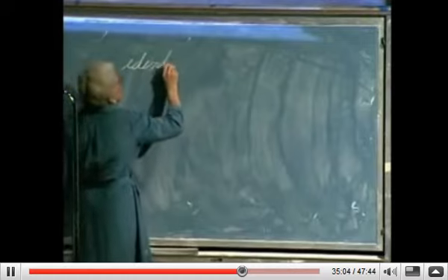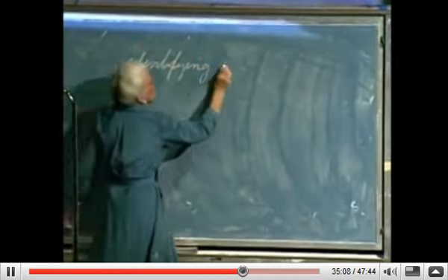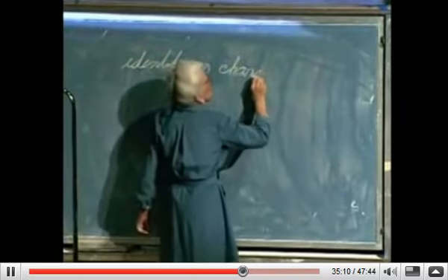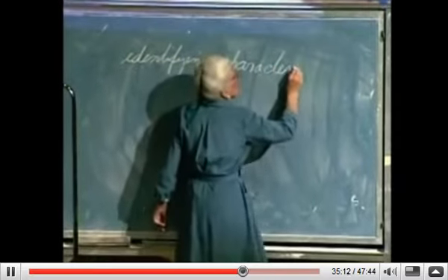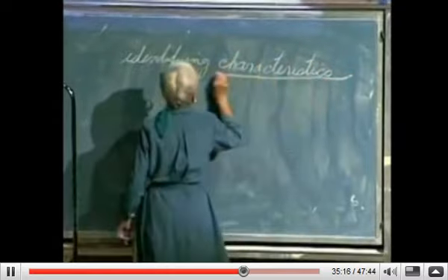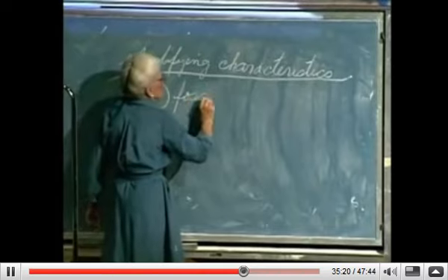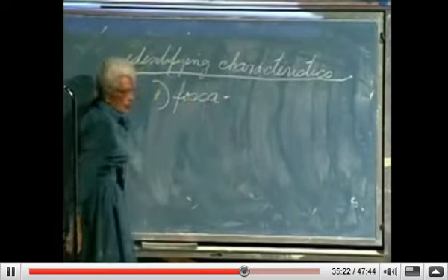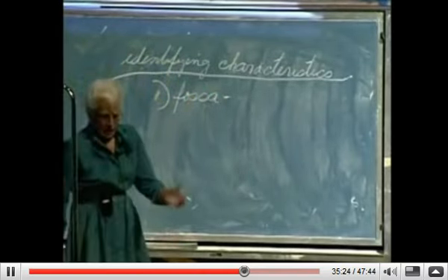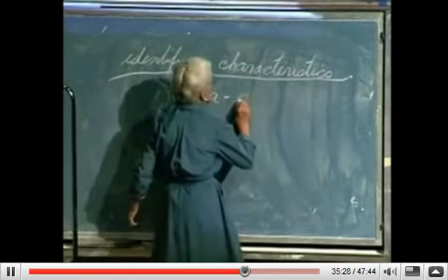Identifying characteristics. Let's first take a fossa. Fossa. What's a fossa? It's a depression in a bone, a depression.